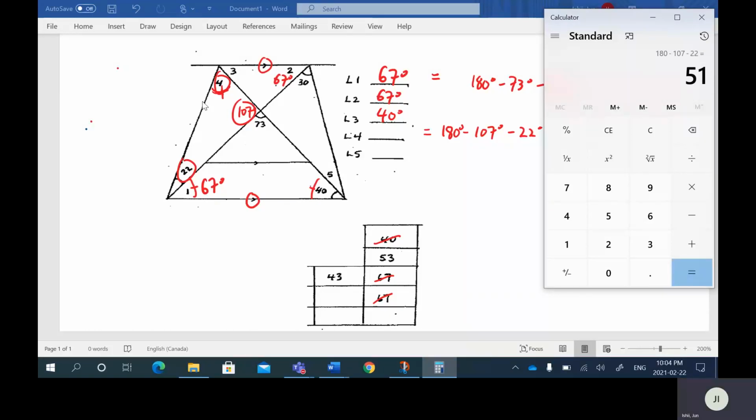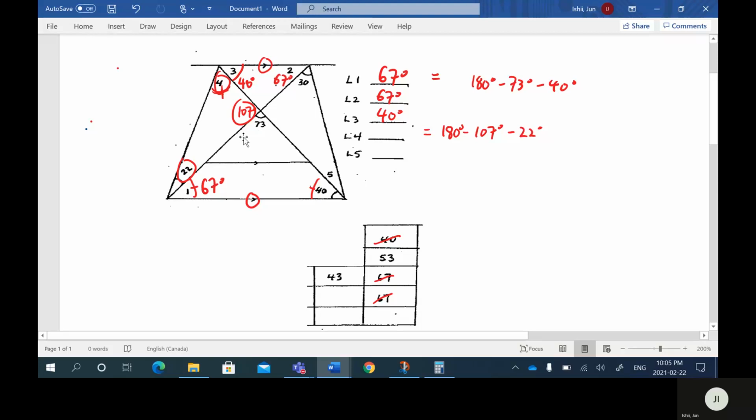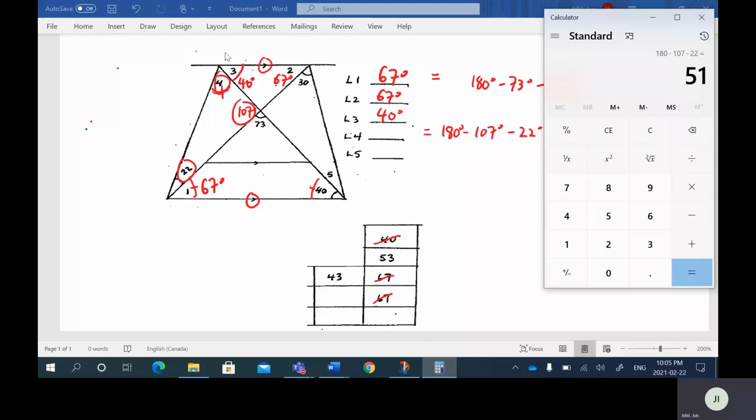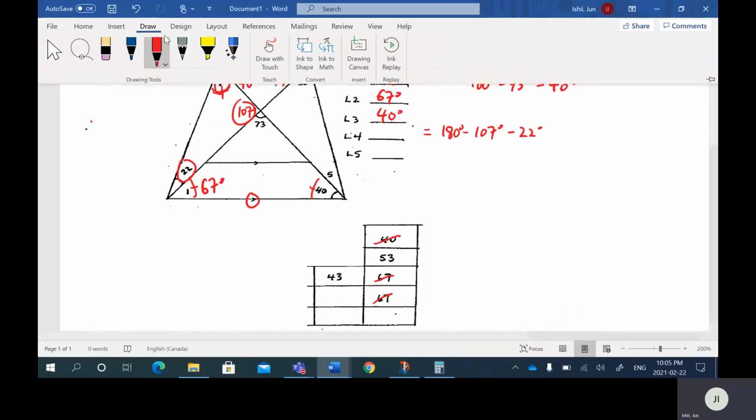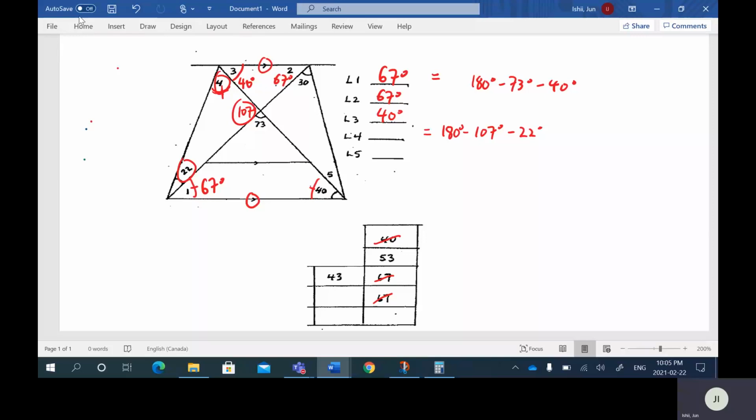I'm going to double check with one more thing here. So I did get 51 there. Yeah, so it's not 53. One sec here. I'm going to use another property just to double check, and I'll show you in green what I'm going to do. This big angle here and this angle here, you can see that creates a C angle.